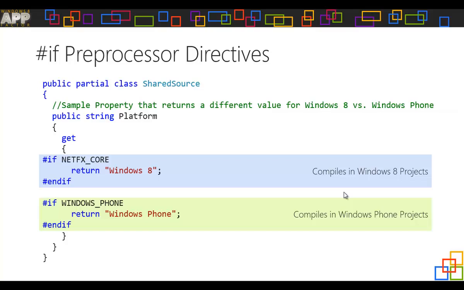And we're basically telling the compiler, hey, if you're compiling this source code against the NETFX_CORE project, which is our Windows Store app, then here's the code I'd like you to actually compile. If, on the other hand, you're using it for the WINDOWS_PHONE project compilation, then use this block of code. And that's going to give me a way to do this conditional compilation and create code that compiles differently for Windows 8 versus Windows Phone 8, although it exists in the same code file.